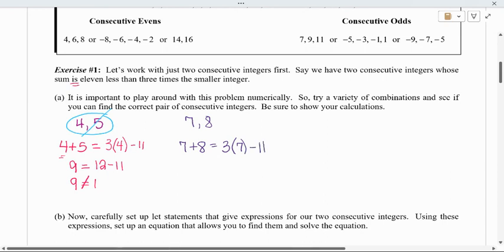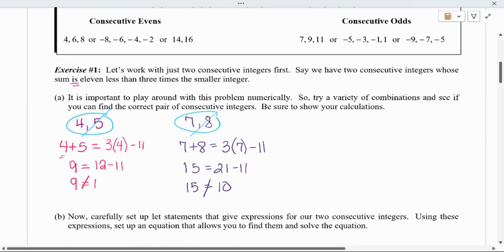What is 7 plus 8? 15. And 3 times 7 is 21. So does 15 equal 10? No. So we know that 7 and 8 is not going to work.